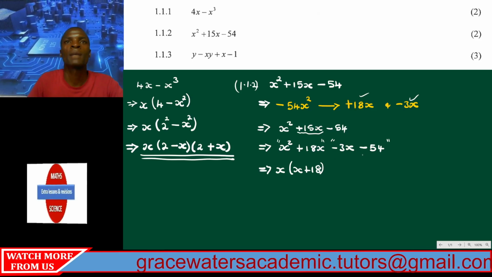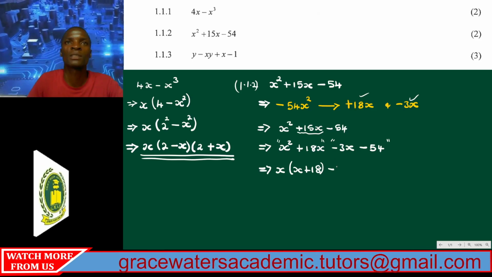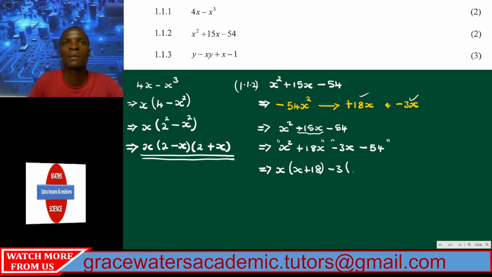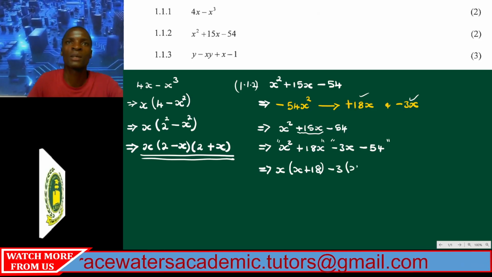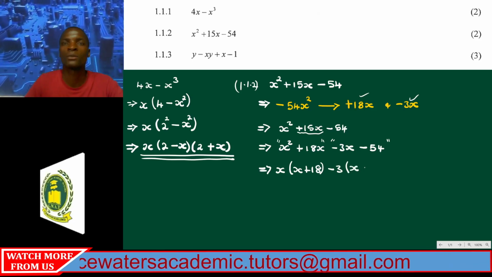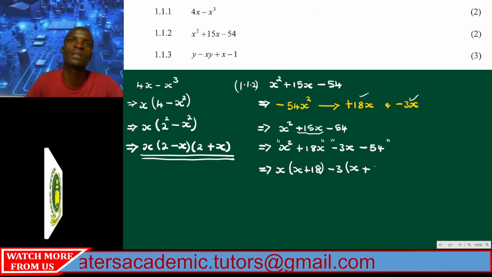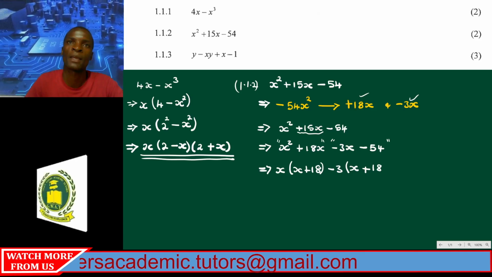Then minus 3 is the highest common factor of the second part, and then we do the factorization as well. Minus 3 into minus 3x, we have x, and then minus 3 into minus 54, we get a positive because it's a negative dividing a negative. Then we have 18 there.